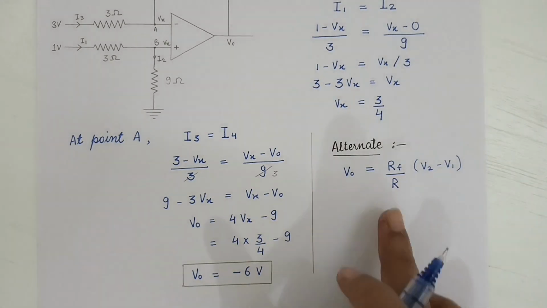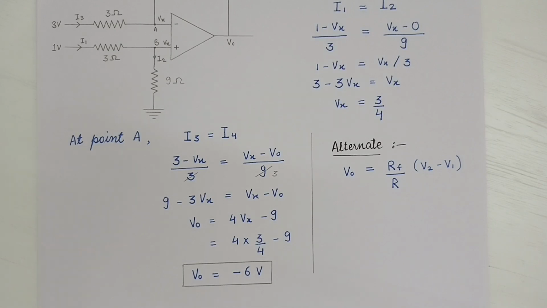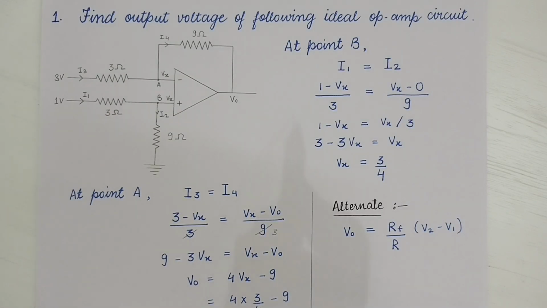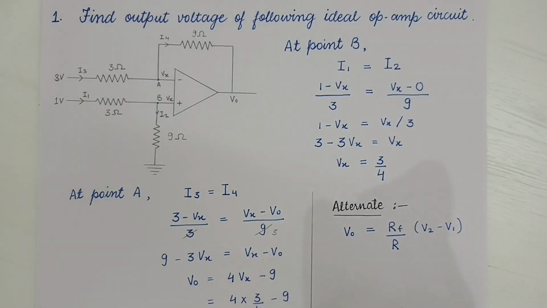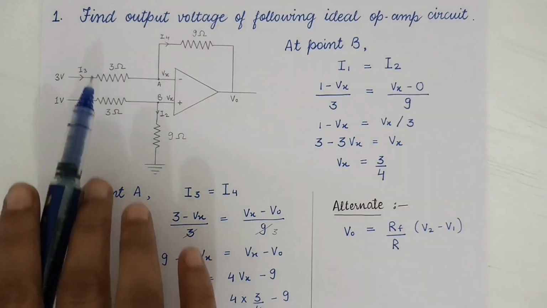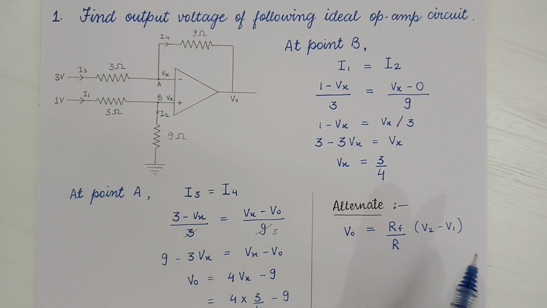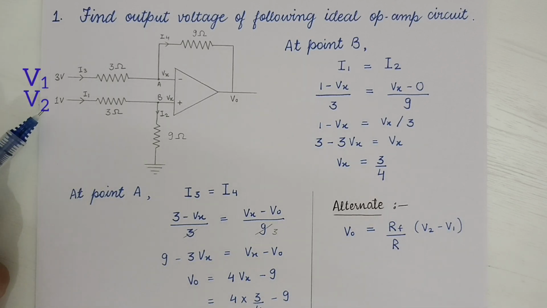So now using this formula you can directly find V0. The value of RF is this feedback resistance, that is 9 ohm, and this R is the resistance, and for V2 minus V1, this is V1 and this is V2.